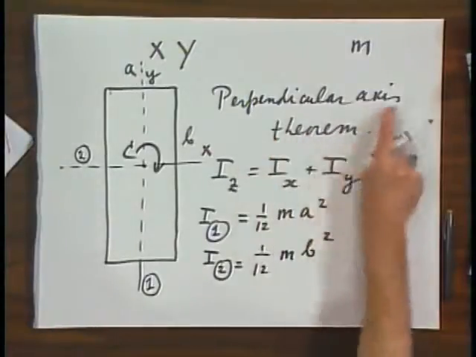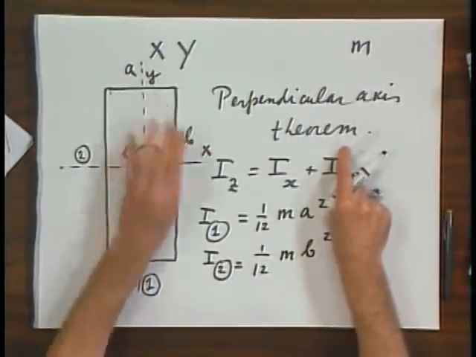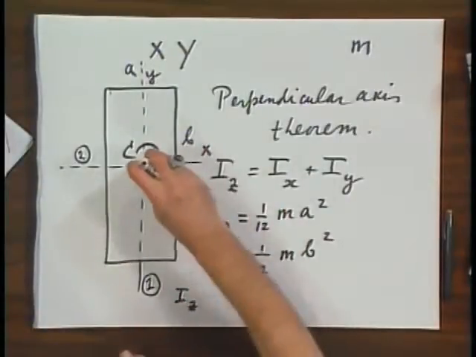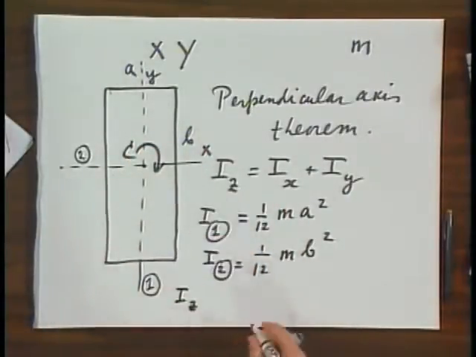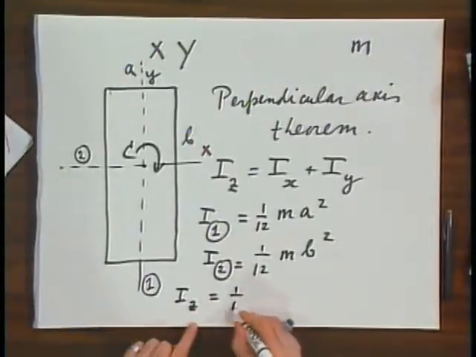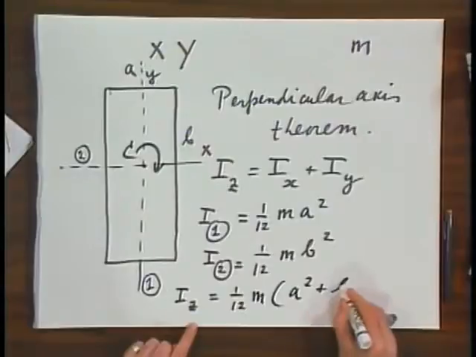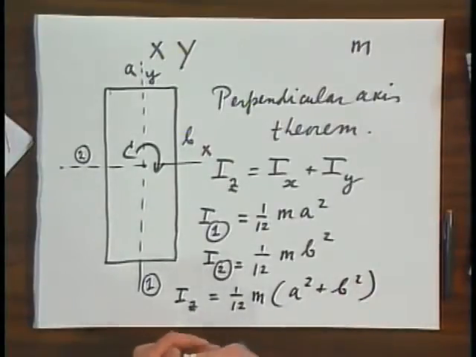So what this perpendicular axis theorem is telling you, if this is a thin sheet, is that the moment of inertia for rotation about the z-axis perpendicular to the paper equals 1/12 m times a squared plus b squared. And if you're lucky, you may find this result in a table. If not, you may have to derive it, as I just did.